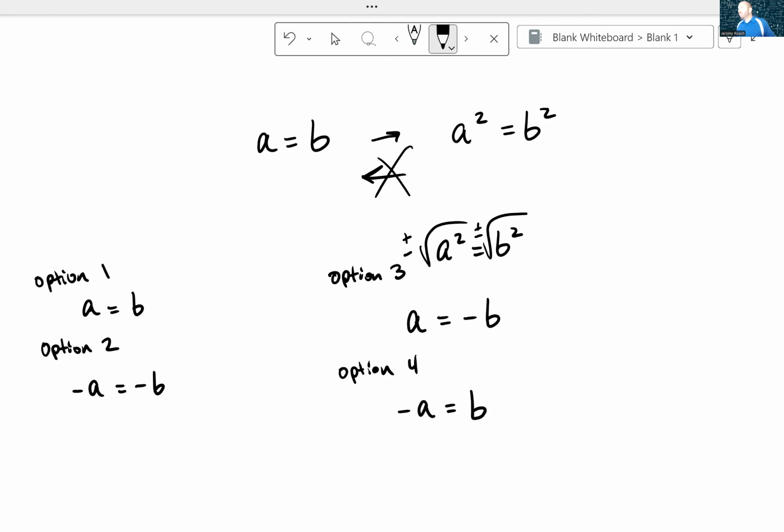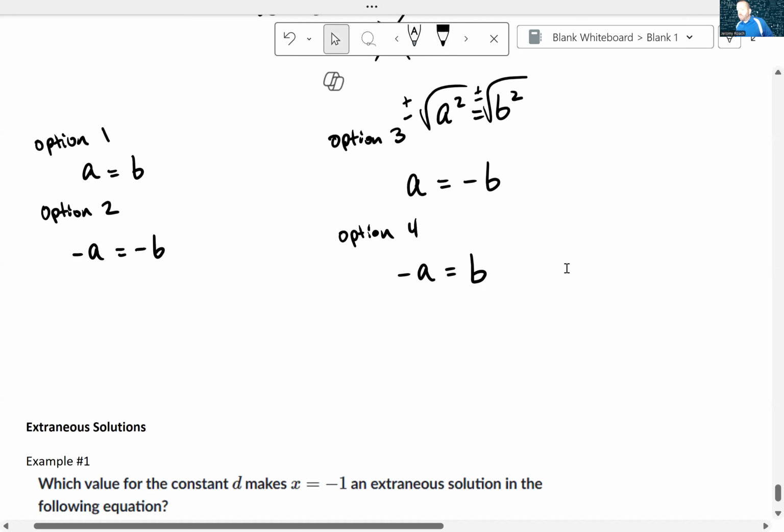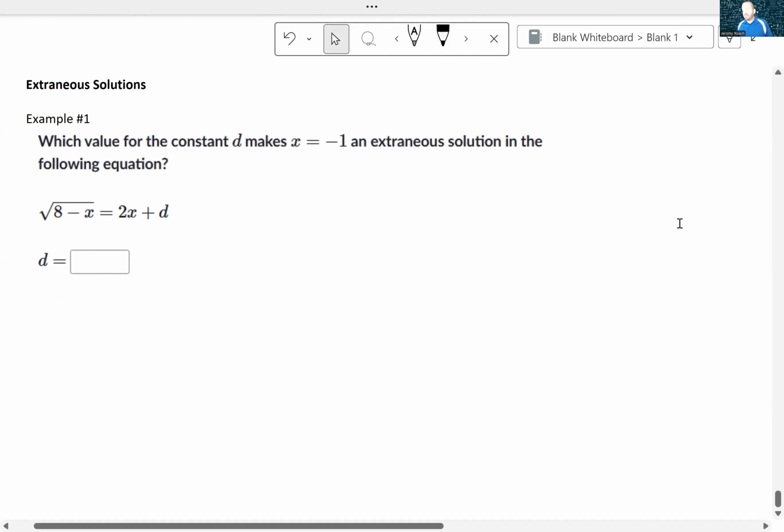Okay, so this next question is asking us to figure out what value of D, when we plug in x equals -1, gives us an extraneous solution. It says which value for D makes x equals -1 an extraneous solution.